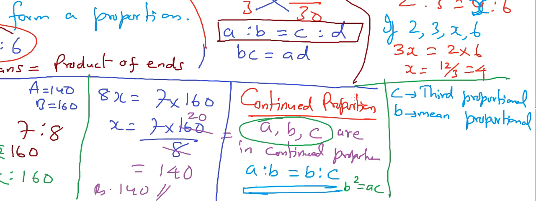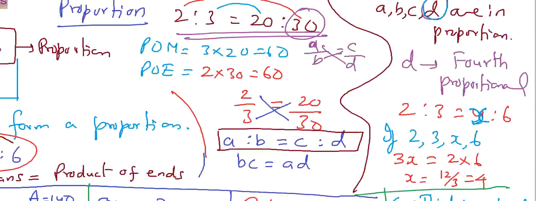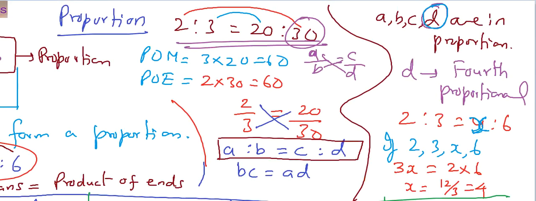Only in continued proportion are third proportional and mean proportional applicable. In proportion, we cannot use these terms. For example, if A, B, C, D are in proportion, then only the fourth proportional is applicable here. Only D is called the fourth proportional, and there is no name for B and C. So we cannot call C the third proportional here. It's wrong.